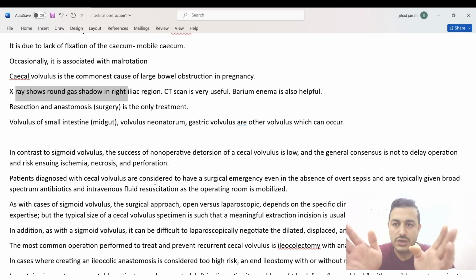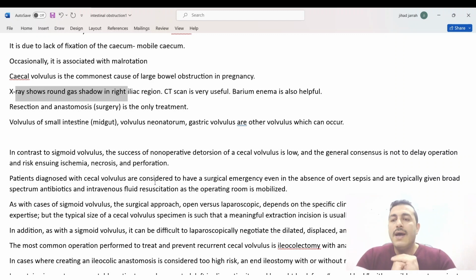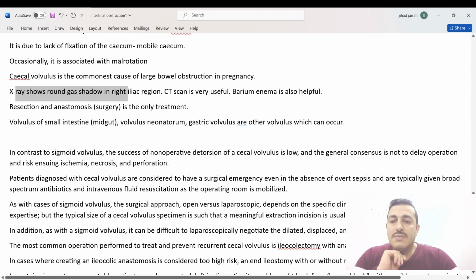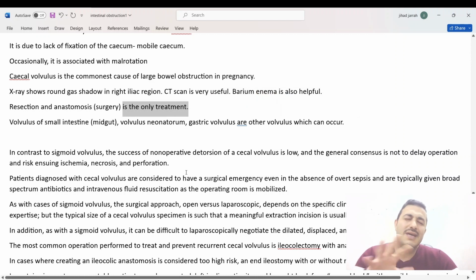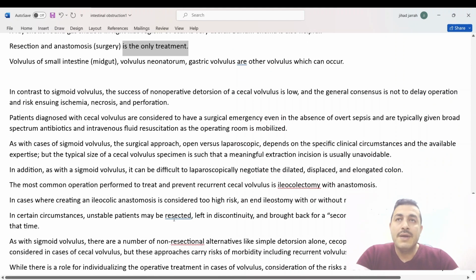It's resectional surgery. Again, resection and anastomosis is preferred. It's not the only treatment, but it's the preferred treatment. Again, should we proceed with laparoscopic or open surgery?